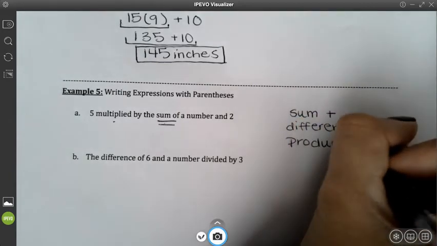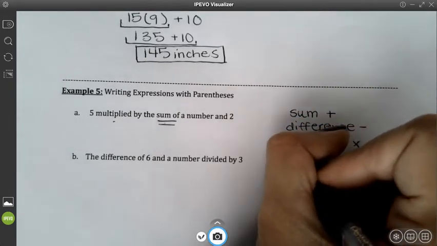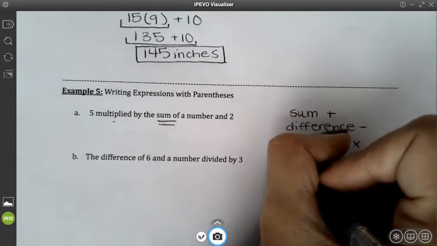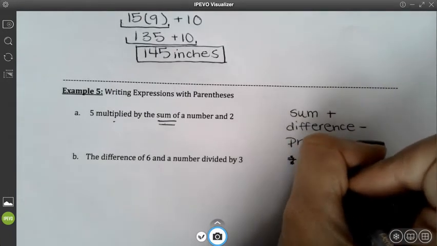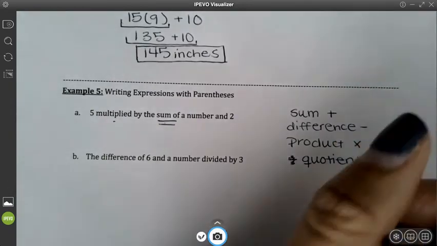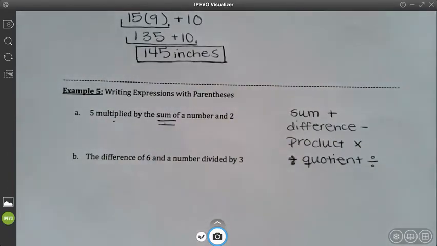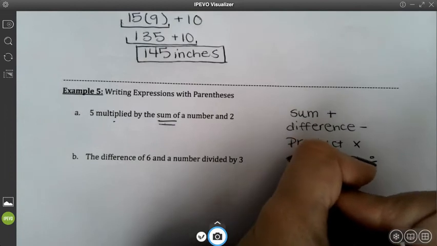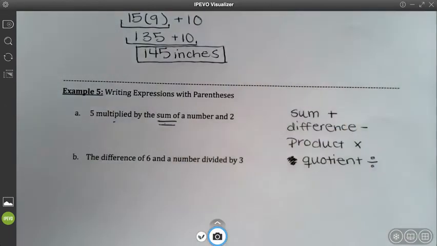Product is for multiplication, and quotient is for division. So anytime you have a word like that, where it's asking you for the answer, because these are the answers to these types of problems, you're going to use parentheses.